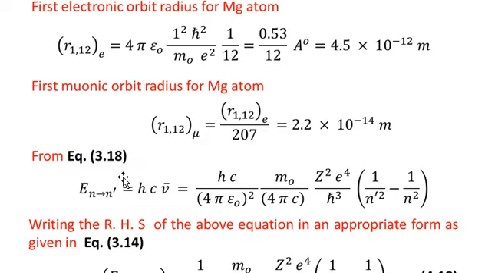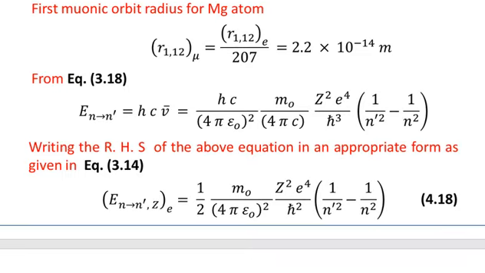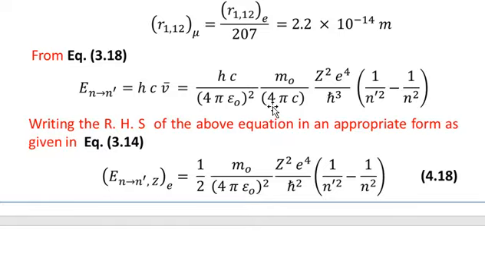Now you see that from equation number 3.18, which was discussed in the previous slide, the energy expression for the transition from n to n prime is given by this relationship. Now I can convert this relationship into a more appropriate form by the rearrangement of parameters, and the result is given as this.